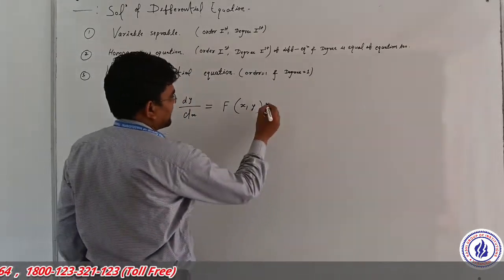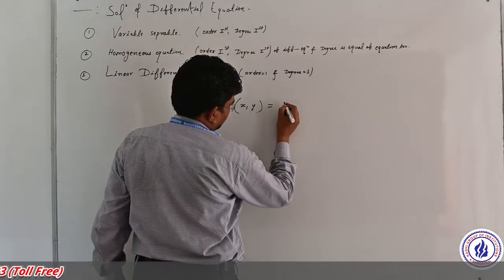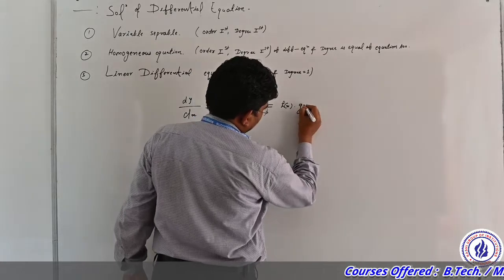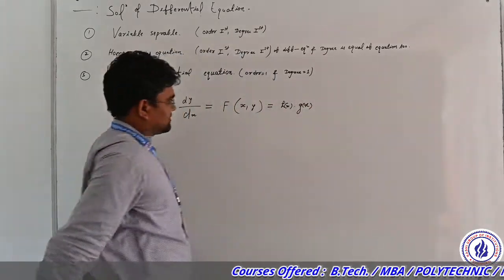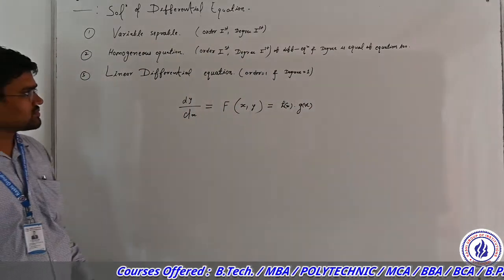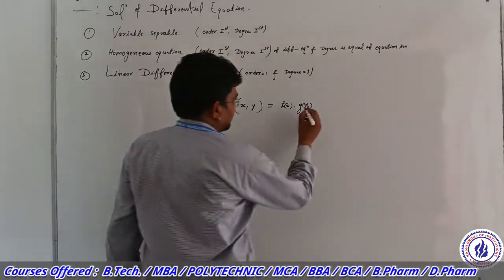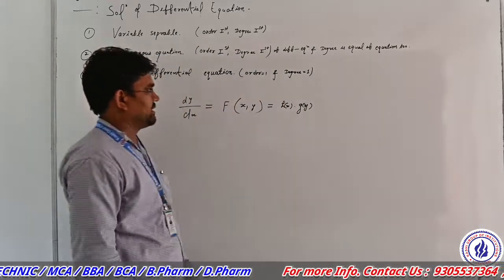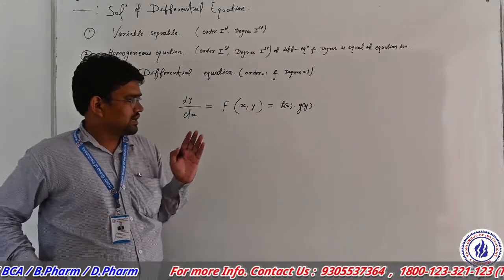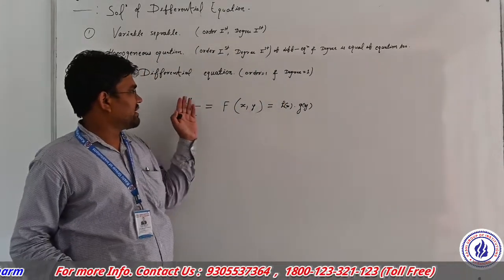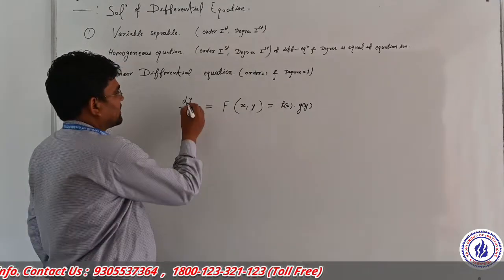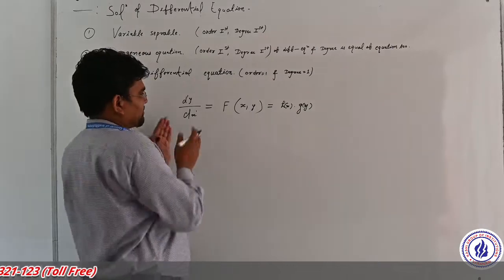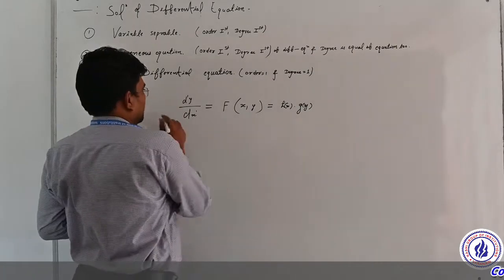We may write it as the first type of function f(x) and another one, the second type of function g(y), so f(x) and g(y). Here we have the differential equation dy by dx, which has degree 1. I think all of you are well aware about degree and order.